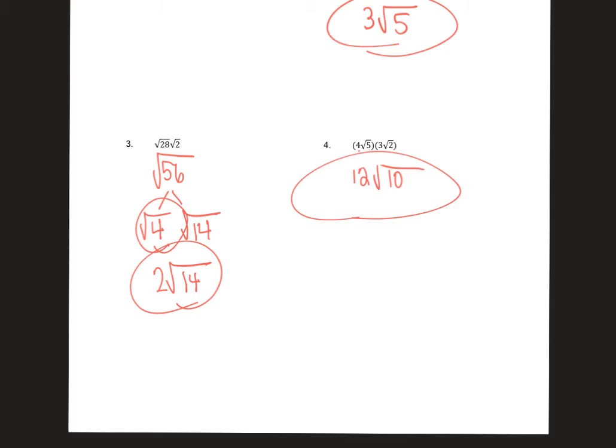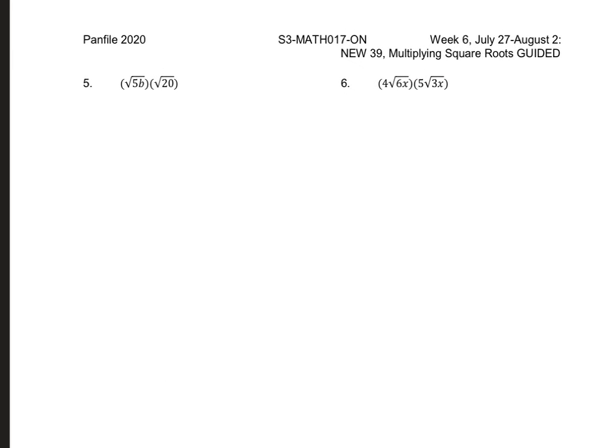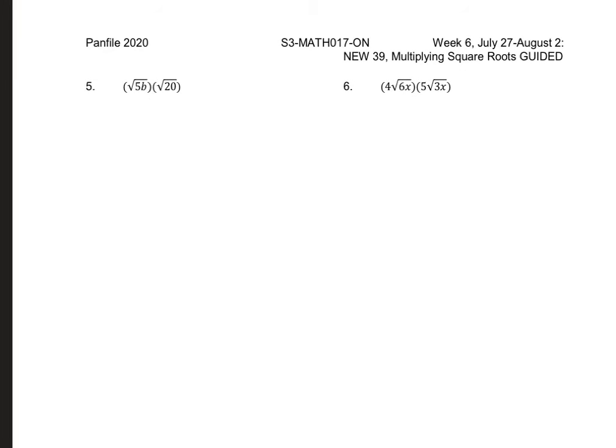All right, let's look at the back or the next page. All right, so looking at number 5, putting it together, I have root 100b. Okay, so that separates for me.